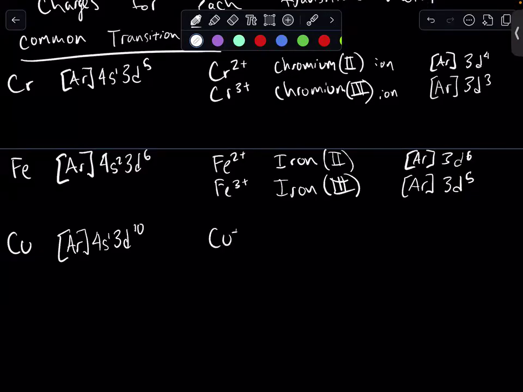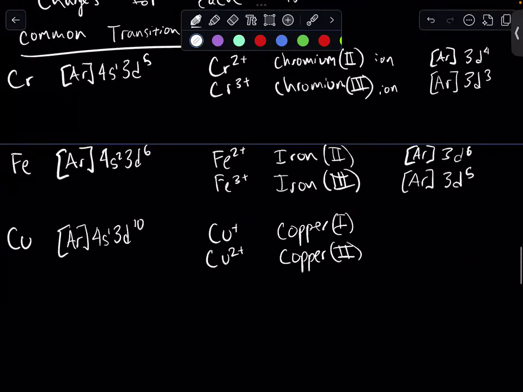And it will become Cu+ or Cu2+, becoming copper(I) and copper(II). And lastly, we'll write those configurations. [Ar] 3d10 and [Ar] 3d9. So that is everything you need to know about ions.